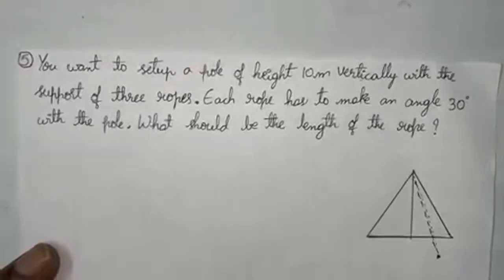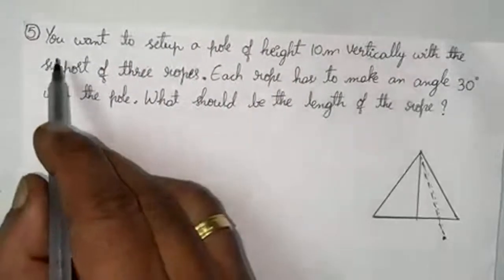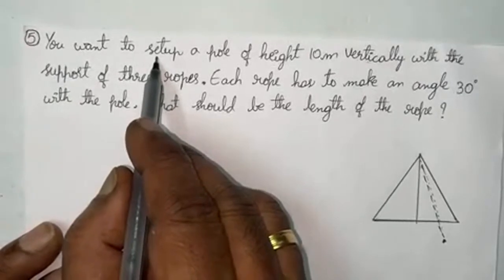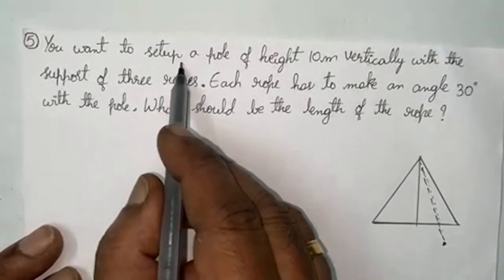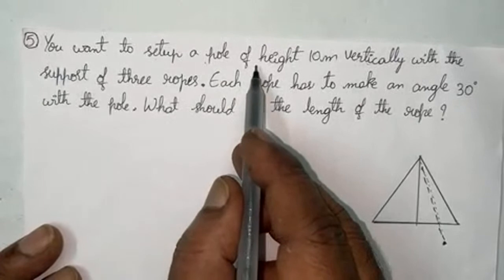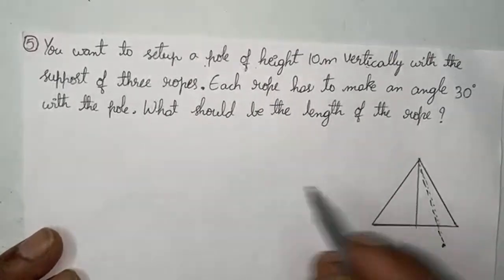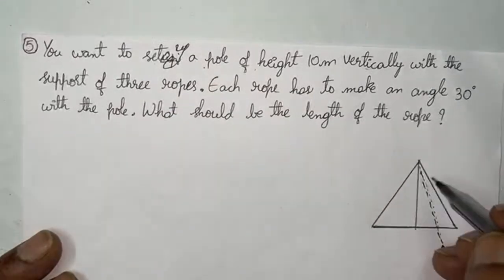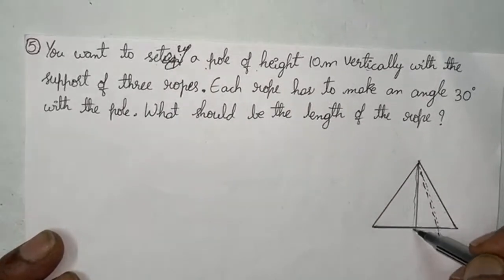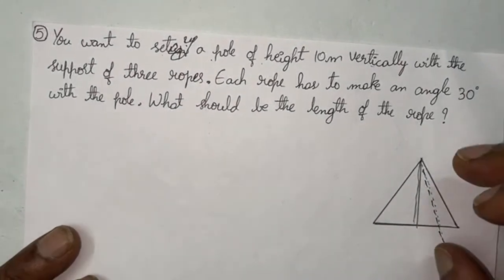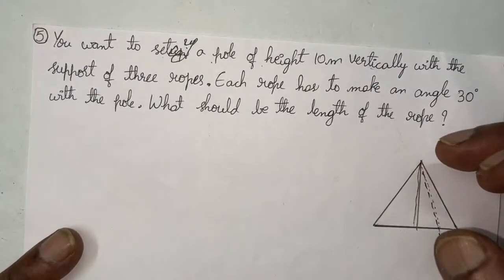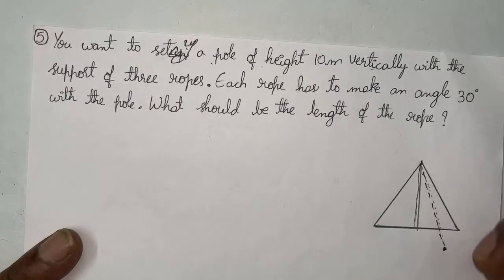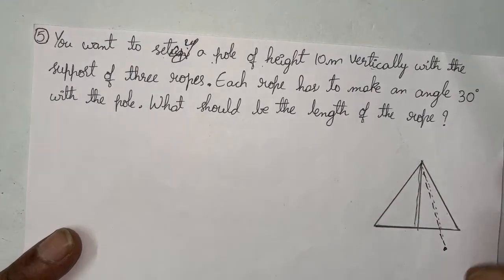Yes, now the next important sum: you want to set up a pole. This is the pole here. You want to erect the pole. Suppose you want to put a current pole in front of your house.